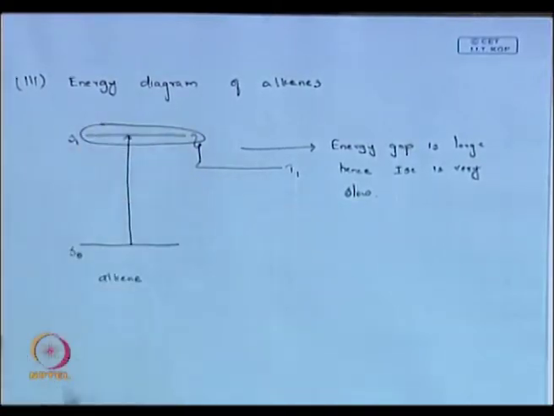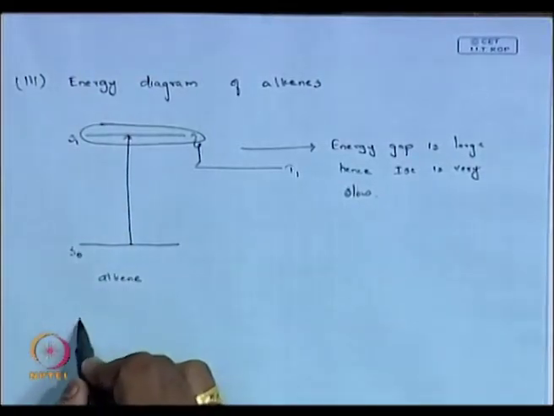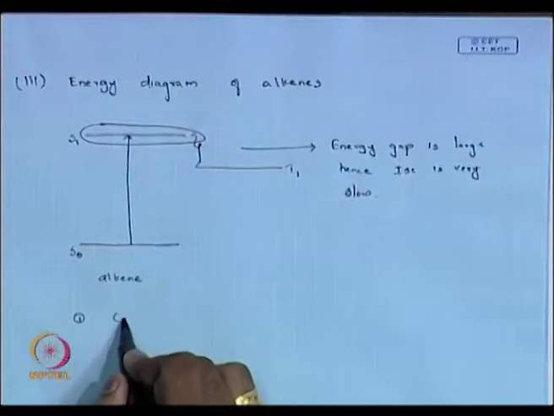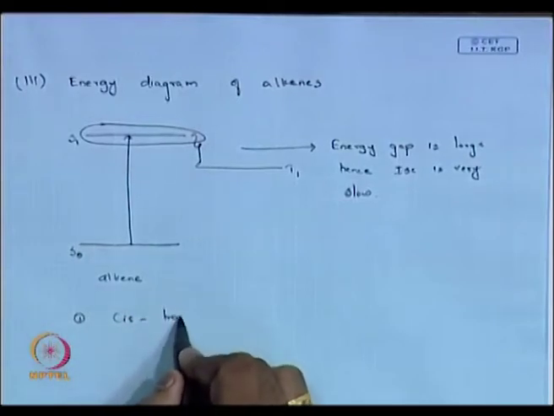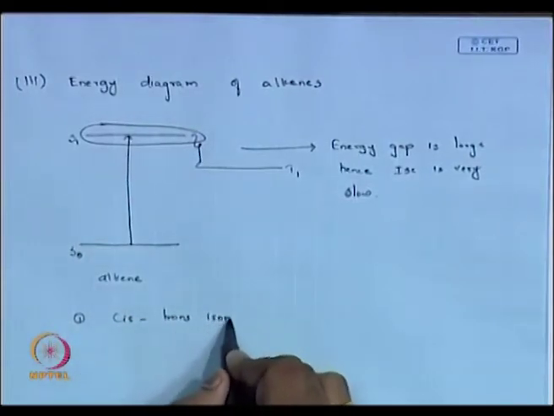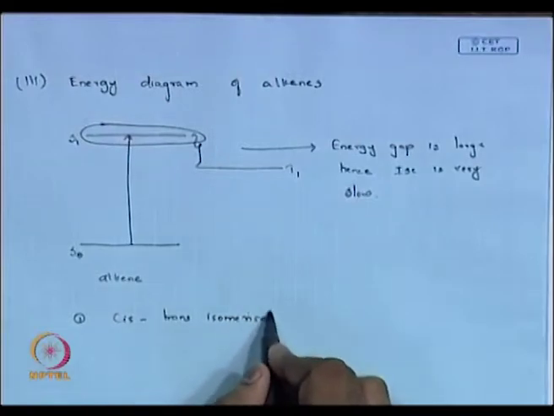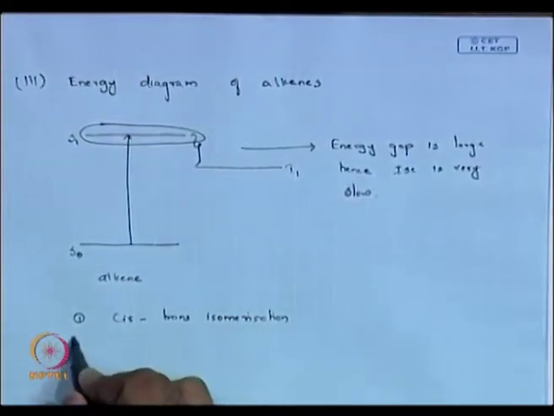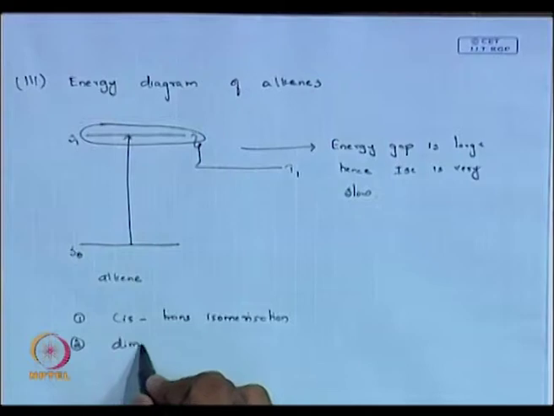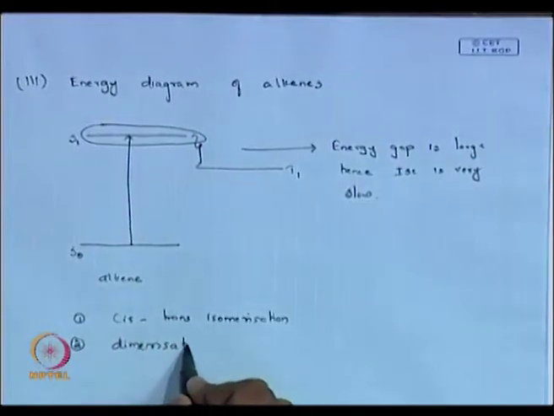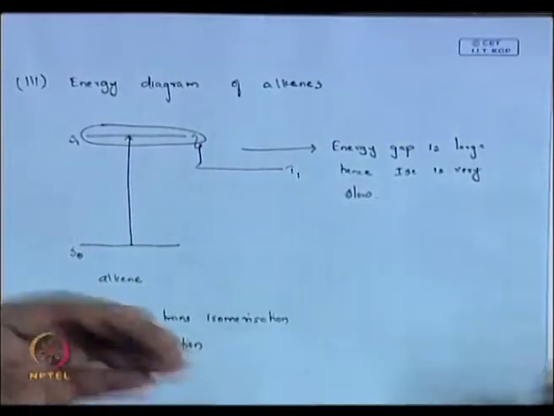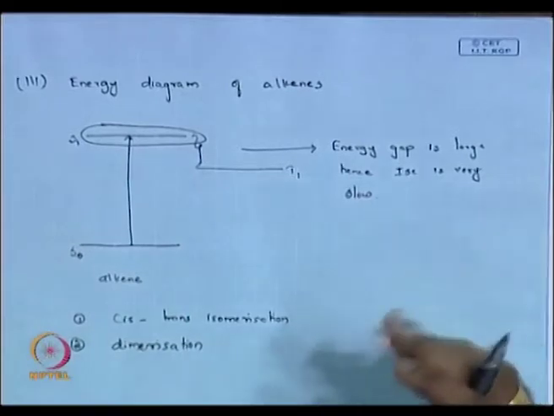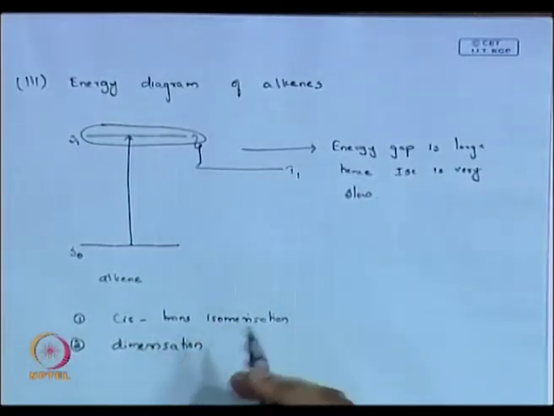What is the chemistry which happens from the singlet basically? Just now we saw cis trans, right. Then it is okay, carbocation and carbanion, which you know, but these are the two main chemistries which happen from your alkene.